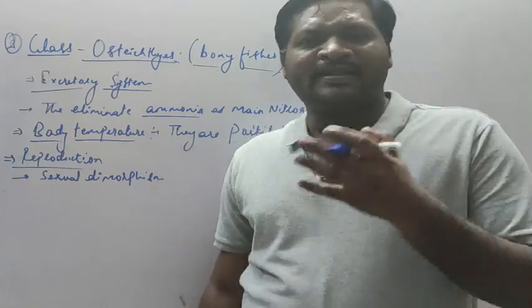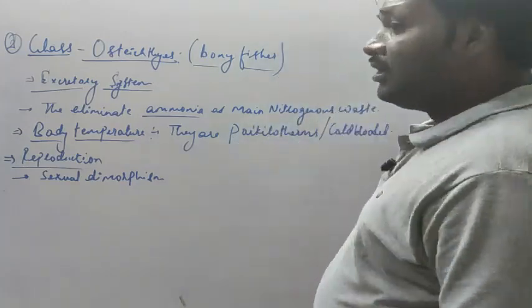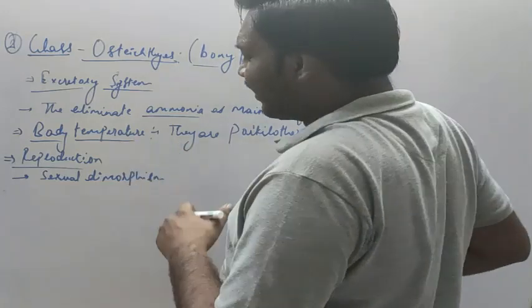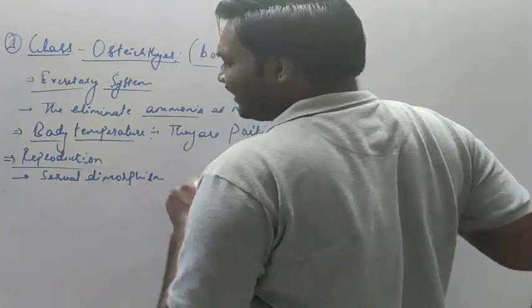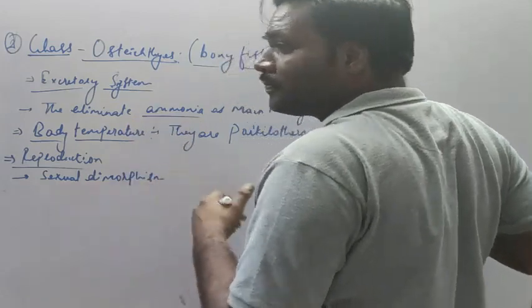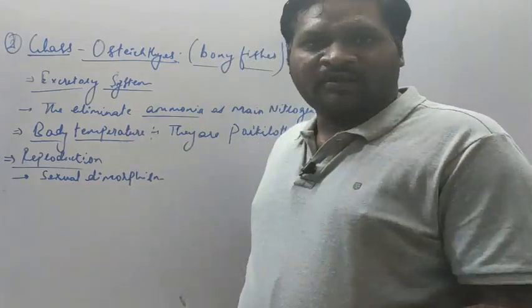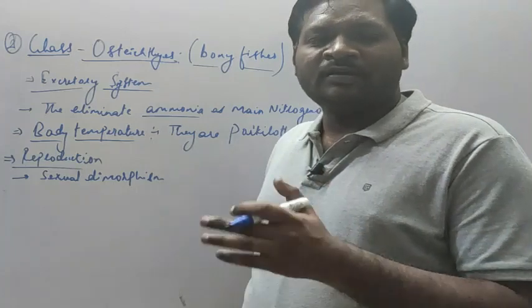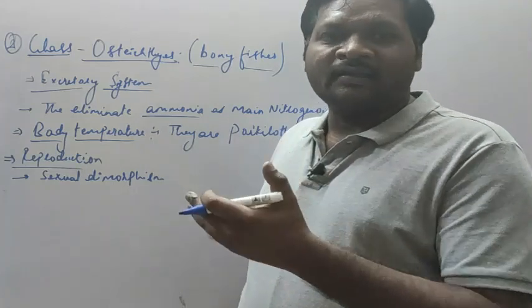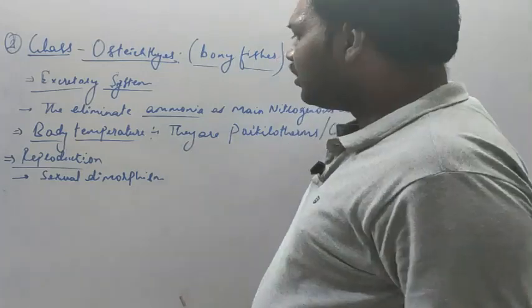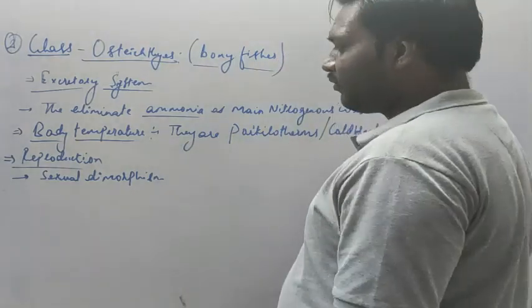Females have a different type of body, males have a different type of body. In case of this organism, they may show sexual dimorphism or they may not. So both males and females can be exactly similar to each other, but gametically or gonad-wise they are different.